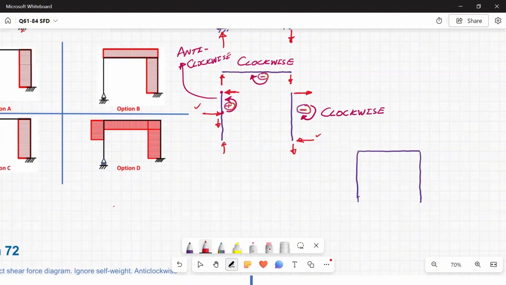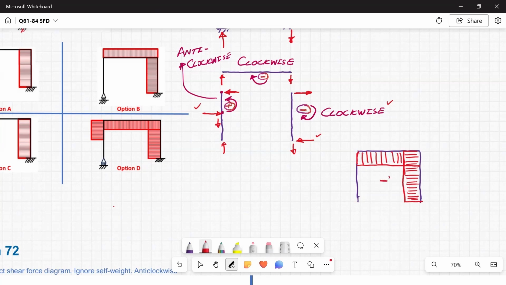First we have to draw the clockwise moment on the right column. That is negative, so negative is drawn inside the frame. And then we have again clockwise in the beam. Clockwise in the beam is drawn inside as well because it is negative. And at the left column we have positive.